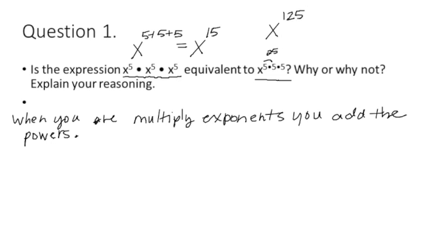So the question is, are these two expressions equivalent? Why or why not? No. X to the 15 is not equivalent to x to the 125th. And the reason for that is because in this first expression, we were multiplying exponents.